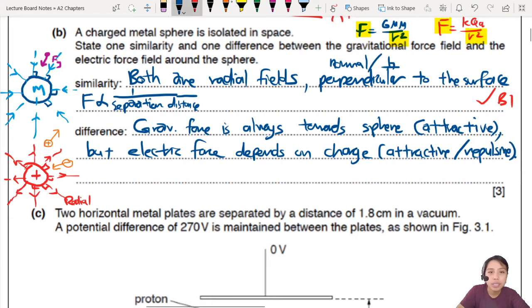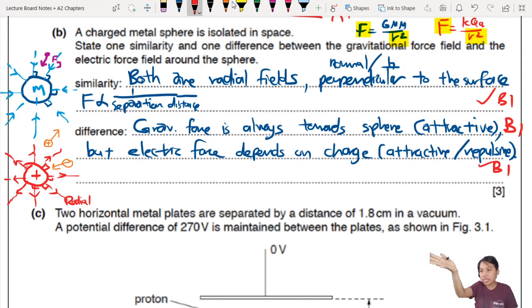Wow, very detailed this one. There are many ways you can get your 3 marks. One of the ways is your 2 marks, because 1 mark is already up there, at the top. So 1 mark is you talk about what is gravitational force and what is electric force, the differences. This one is like this, the other one is like that. Okay, so make a table of all these things, and check out the mark scheme too for more ideas of similarities and differences.